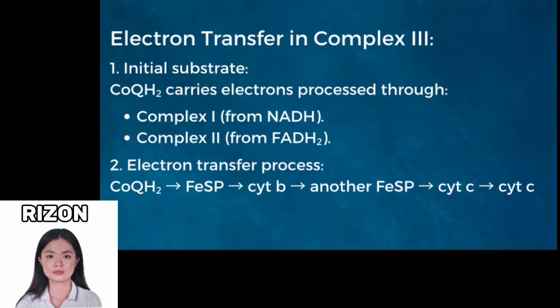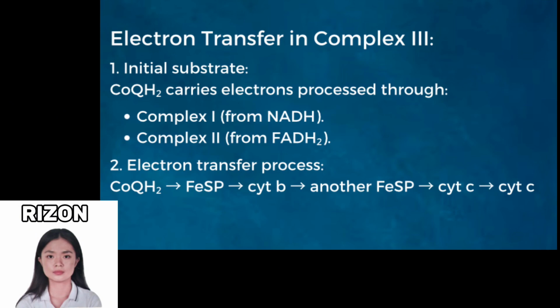First, the initial substrate: coenzyme QH2 carries electrons processed through complex 1 from NADH and complex 2 from FADH2. Second, the electron transfer process: from coenzyme QH2 to an iron-sulfur protein, to cytochrome b, to another iron-sulfur protein, to cytochrome c.